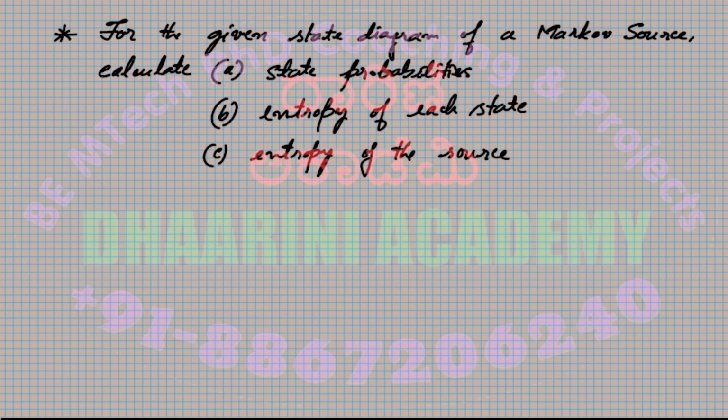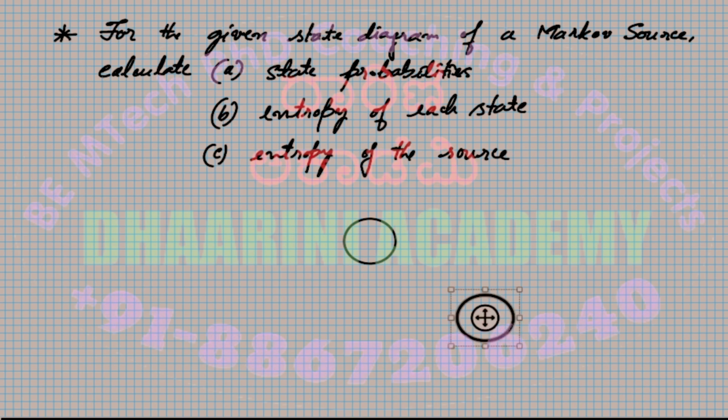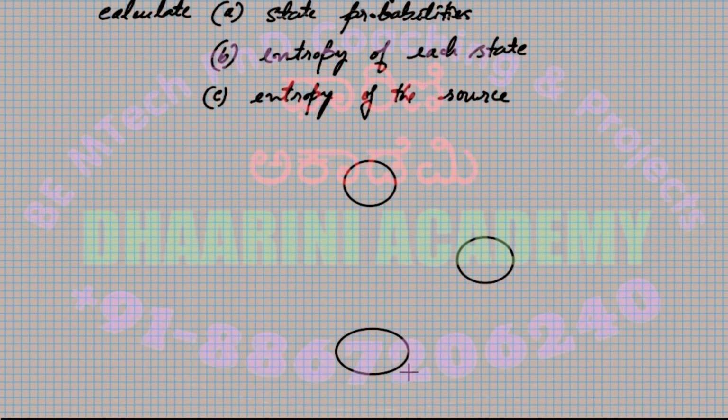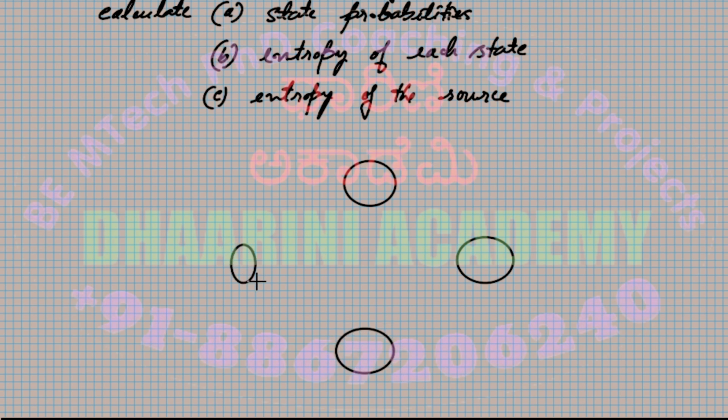And here is the given state diagram. So we have four states basically. First state, another state, state number three, and say this is state number four.